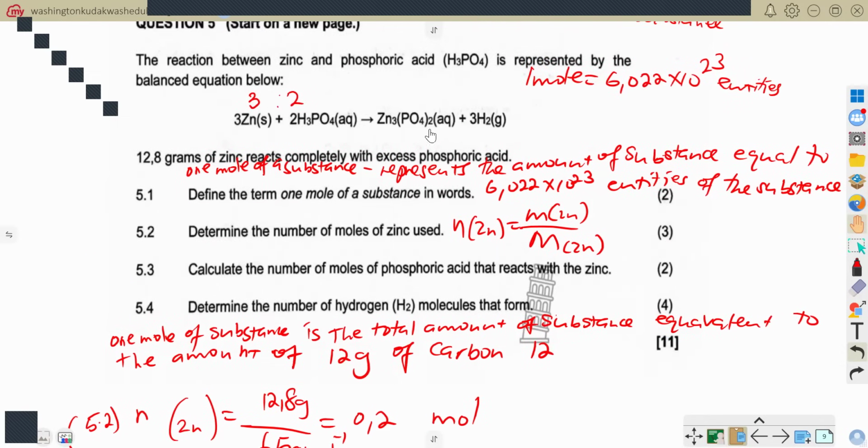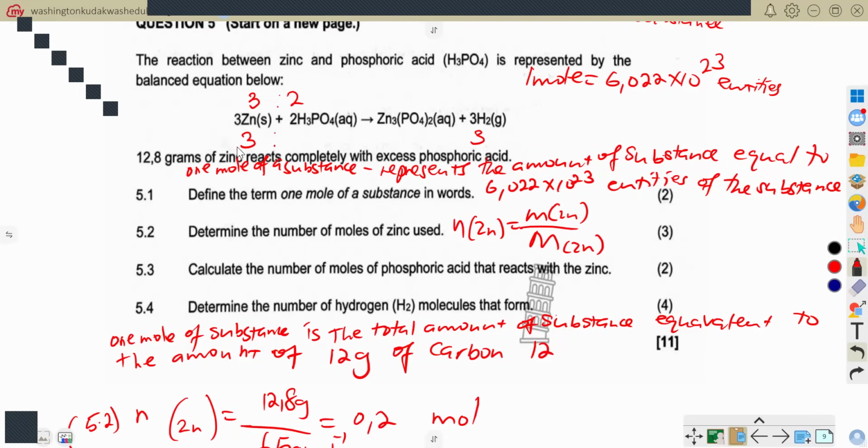You would see that the molar ratio of zinc and hydrogen is 3 is to 3. So you would require 3 moles of zinc to form 3 moles of hydrogen. If I divide here, it will be just 1:1. So the number of moles of zinc that I used is equivalent to the number of moles of hydrogen that I'm going to produce.